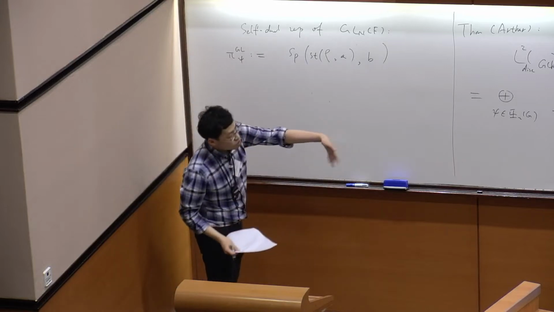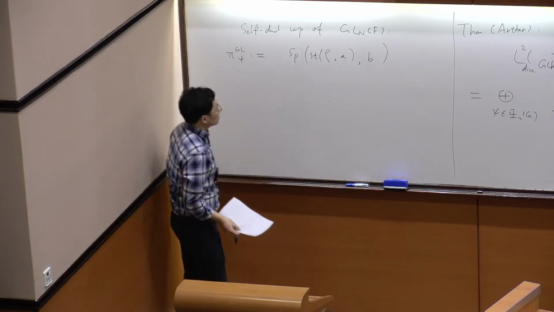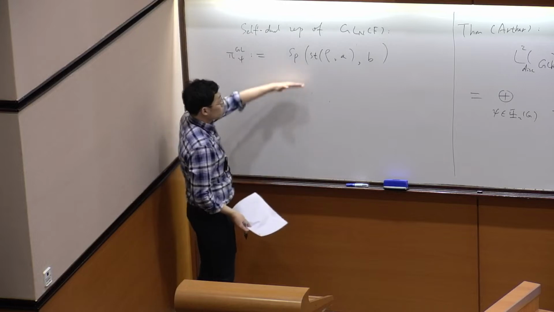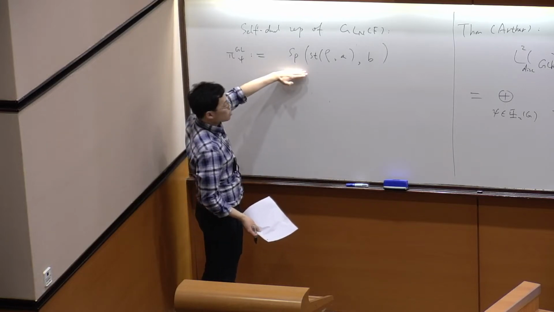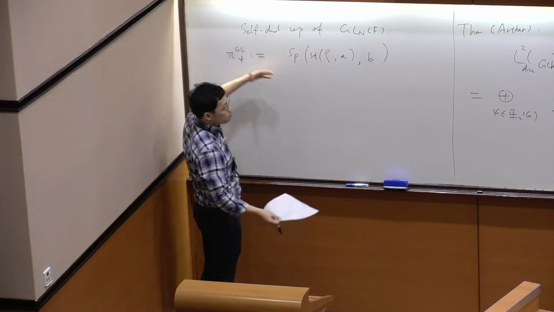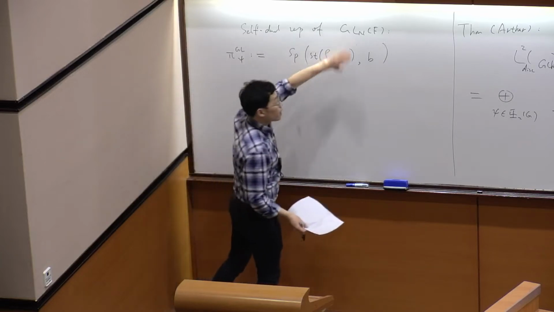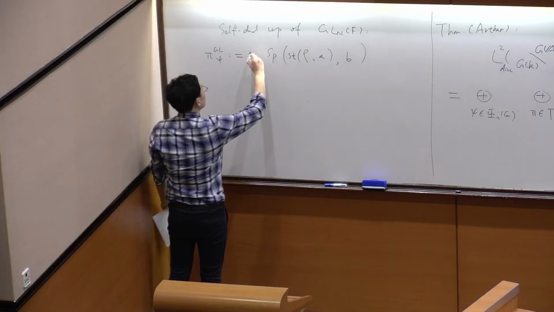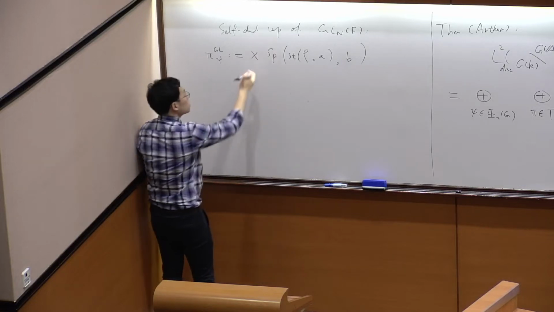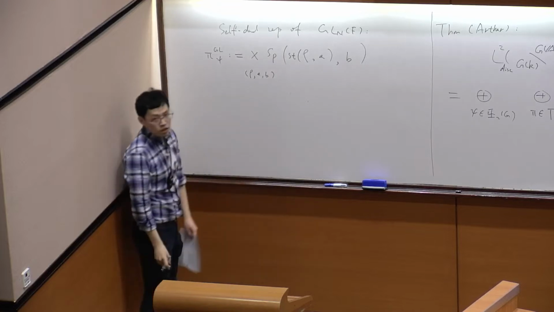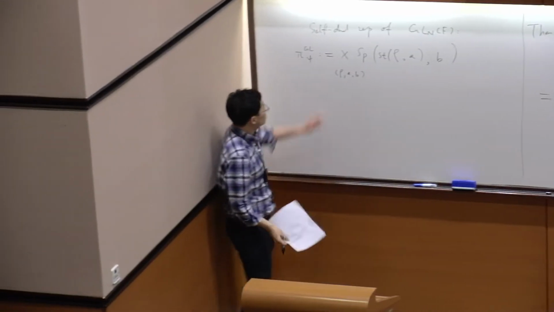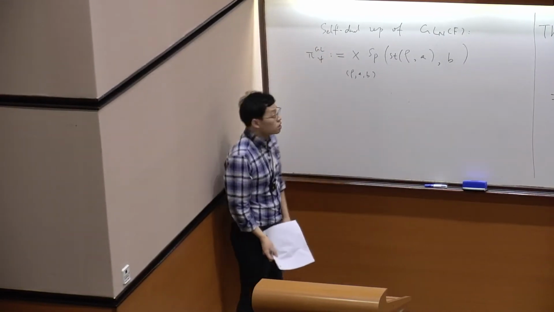And now I vary these triples rho, A, B. Each of them gives me a representation of some general linear group. And altogether, they will form a representation of the Levi subgroup of some bigger general linear group, which is GL_N. And then I do the parabolic induction. So I'll use this notation. And this gives me a self-dual representation of GL_N.